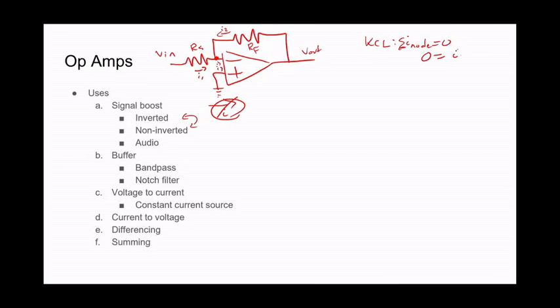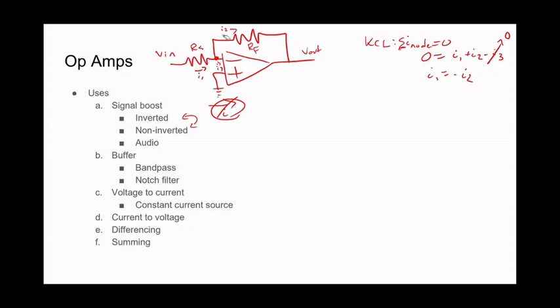we know that the sum of these must equal 0. So 0 equals I1 plus I2 minus I3. Now we apply rule number 3 of op amps, which states that there's no current flowing into or out of an op amp, so we can set that equal to 0. Because this must equal 0, we know that I1 must equal negative I2, or in other words, I2 must be flowing that way.